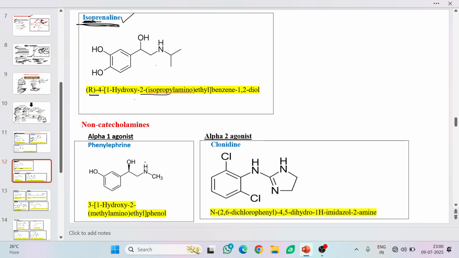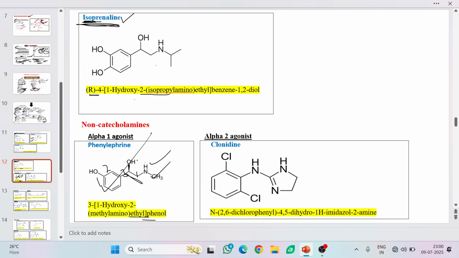Numbering will start from this because first priority is given to this hydroxy phenol. So 3 in bracket 1 hydroxy, 2 methyl amino. This is second position. So 2, this is methyl and this is amino, ethyl. Again, this chain is ethyl and phenol.